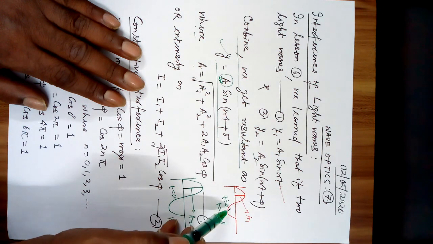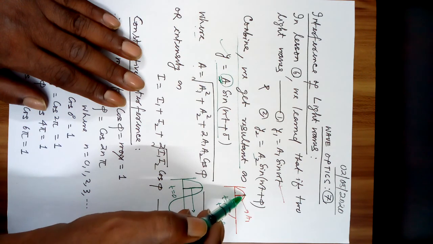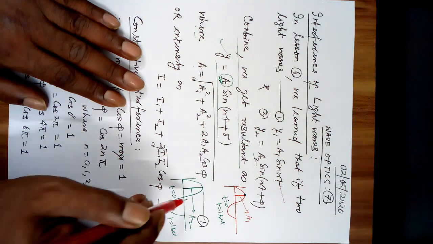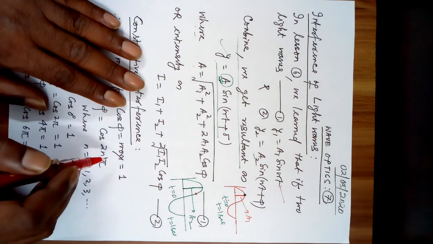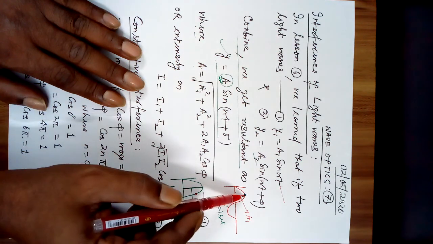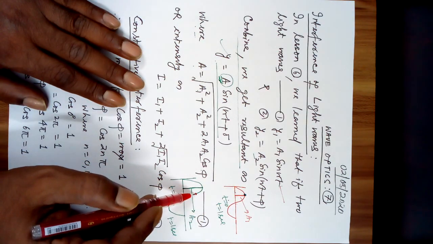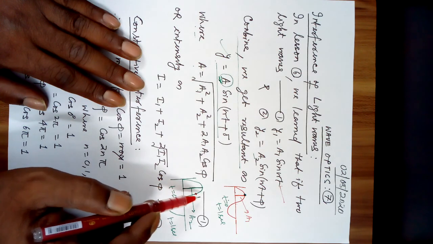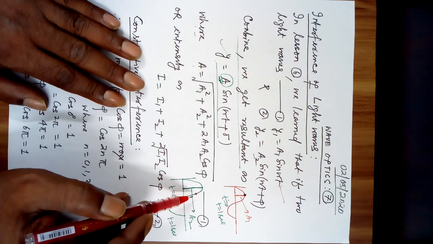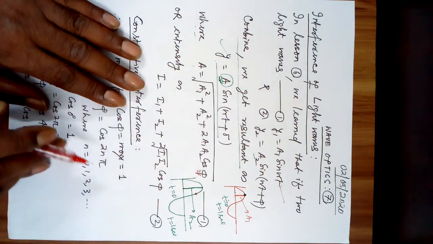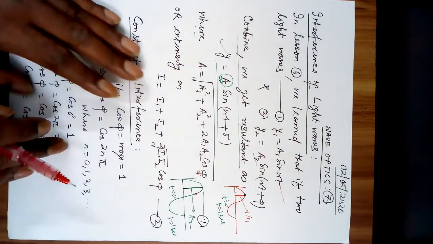Suppose this wave is at this state and this wave is at this state, which means the state of vibration is different. This state is not the same as this state. This state is the same as this, but not this. So there is a state difference. Vibration wise they were different. So that angle was called phi, the phase difference between these two waves.